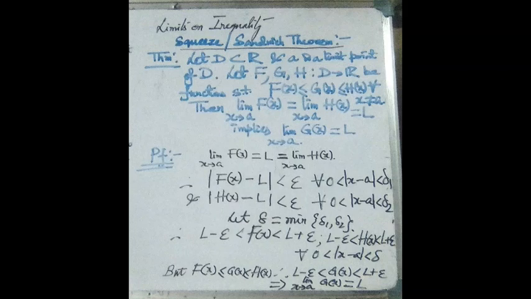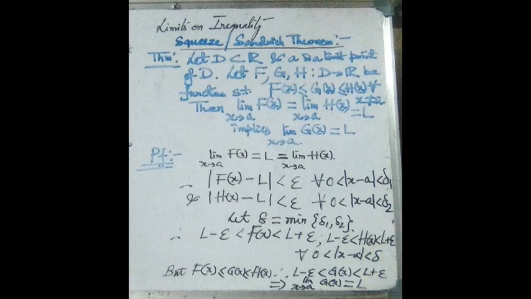Then this theorem ensures that if the limits of the two extreme functions are the same, then the limit of the middle function must be equal. That means if limit as x tends to A of f(x) and limit as x tends to A of h(x) are equal, then that common limit is the limit of g(x).